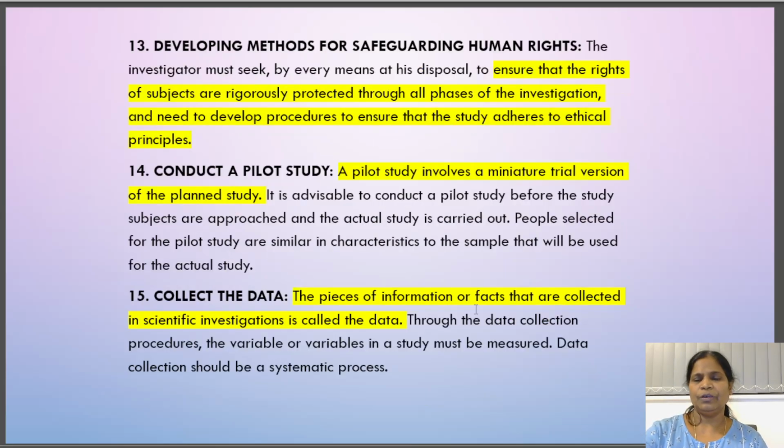Next step is developing methods for safeguarding human rights. Because nursing is related to human beings, and they have cognitive abilities to rationalize and think, and they possess some rights and freedom, they can choose whether to consent or not.